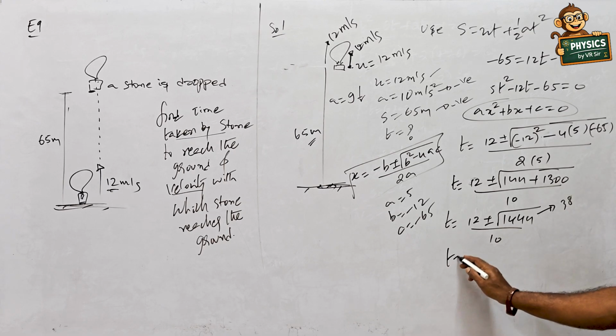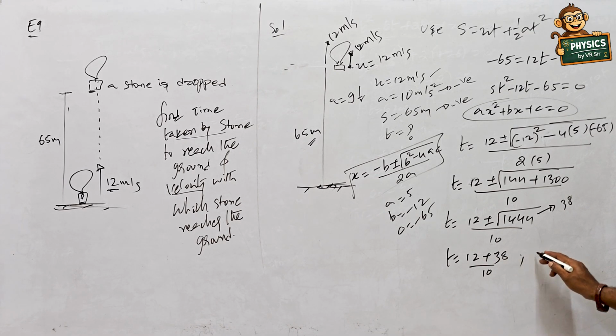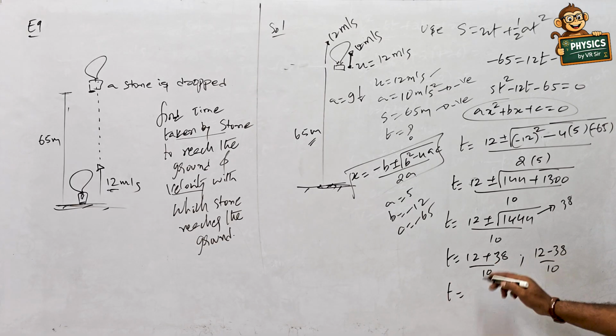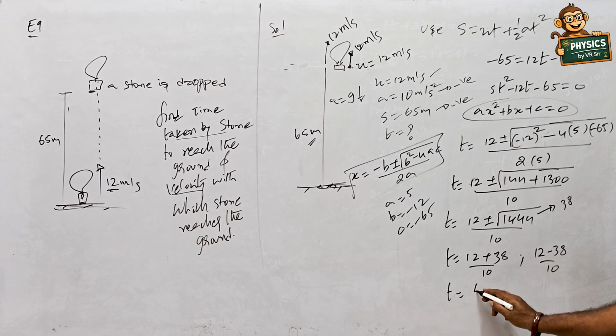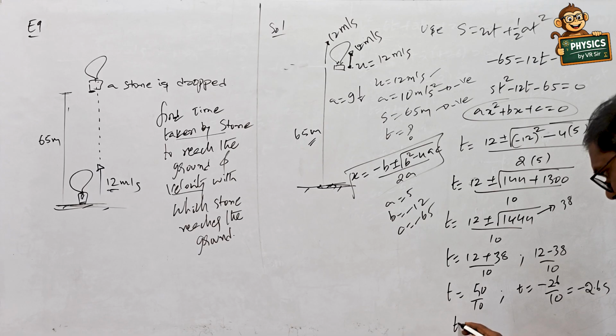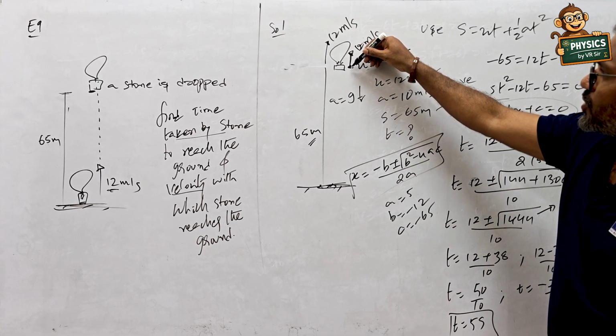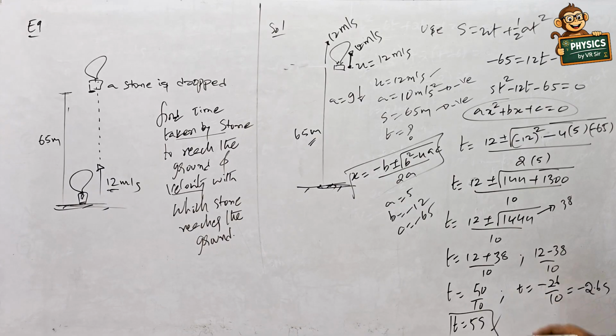Therefore t equals 12 plus 38 by 10, or 12 minus 38 by 10. So t equals 50 by 10, or t equals minus 26 by 10, which is minus 2.6 seconds, and the other is t equals 5 seconds. So the time taken by the stone to reach the ground is 5 seconds.